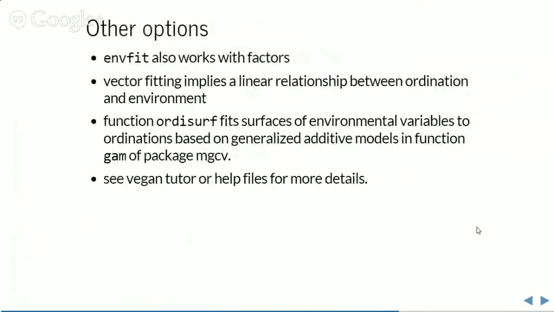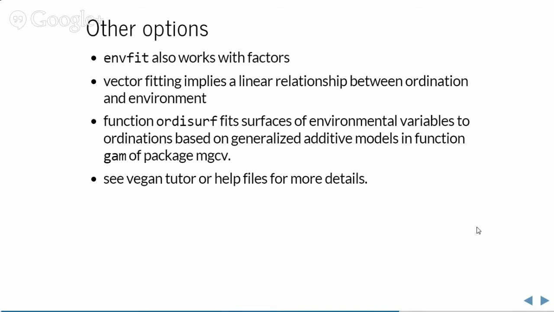So envfit will also work with factors based on your factor centroids. But this does imply, or you're assuming, a linear relationship between your ordination and the environmental variables, which may or may not be a good assumption, depending on your data, of course. Vegan has another function called ordisurf, which fits surfaces of environmental variables based on generalized additive models.